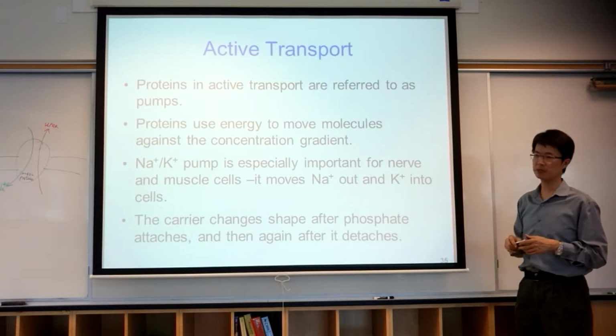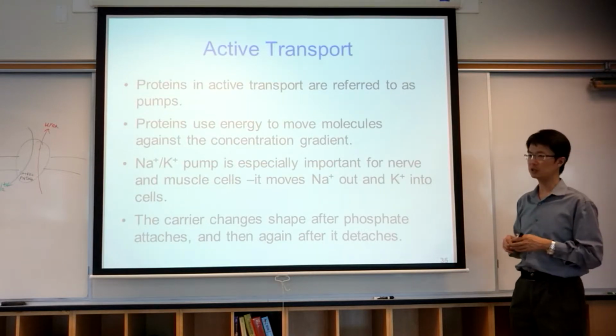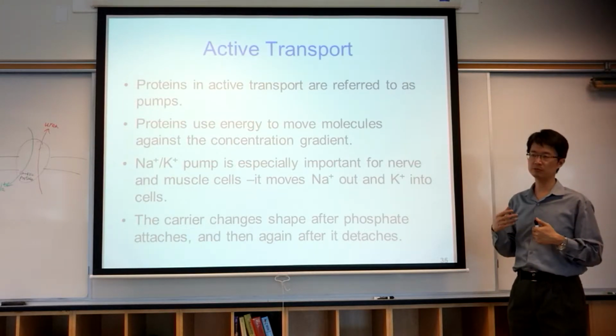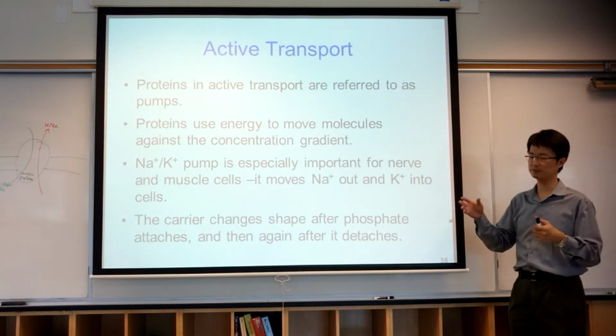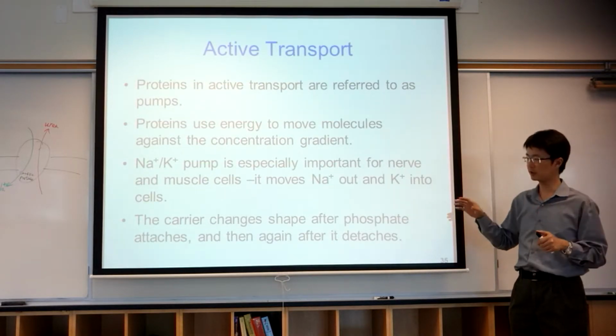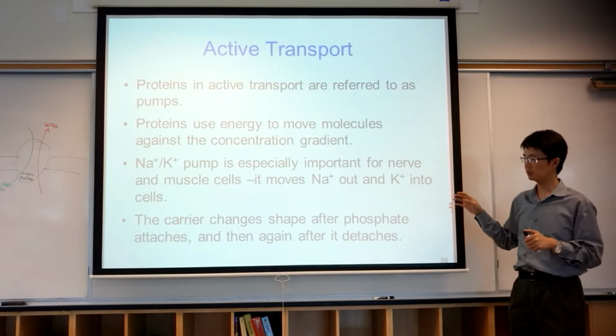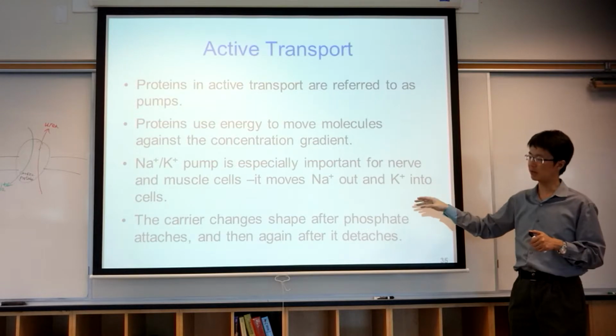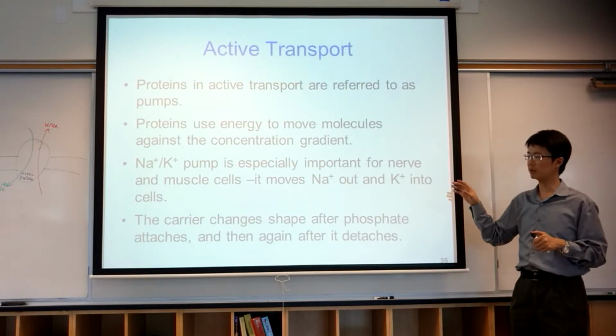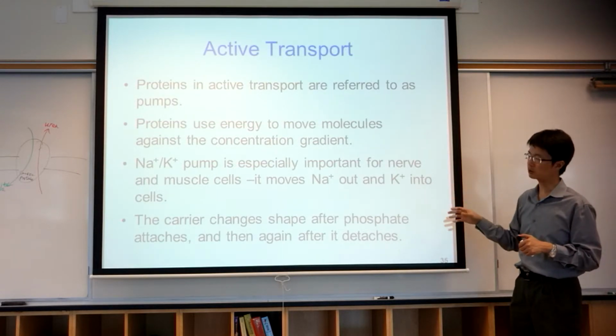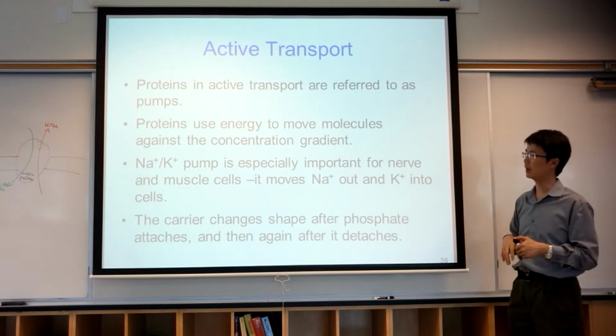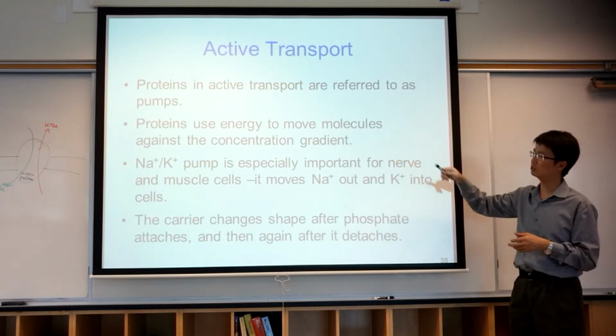When ATP becomes ADP, it produces a free-floating phosphate ion. The phosphate ion will attach to the carrier protein. When the carrier protein receives this phosphate ion, it has the energy to move the molecule.